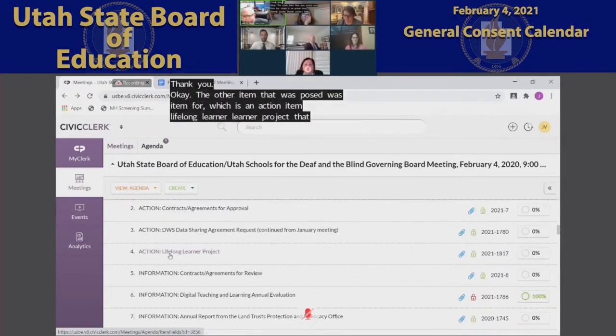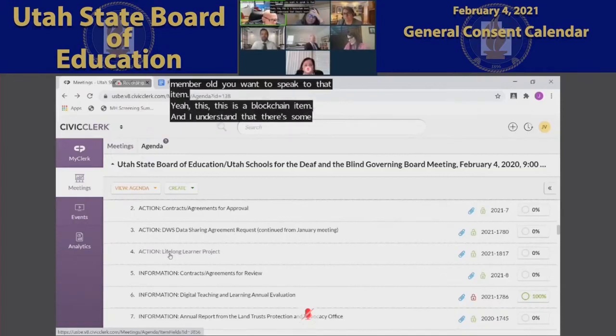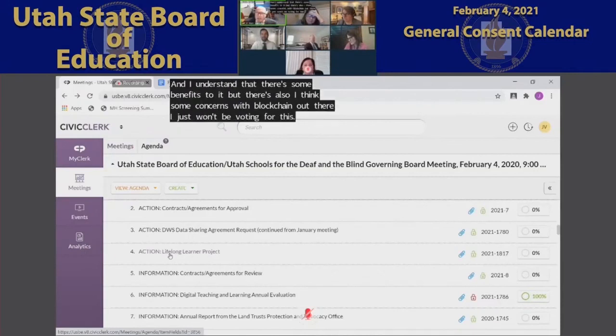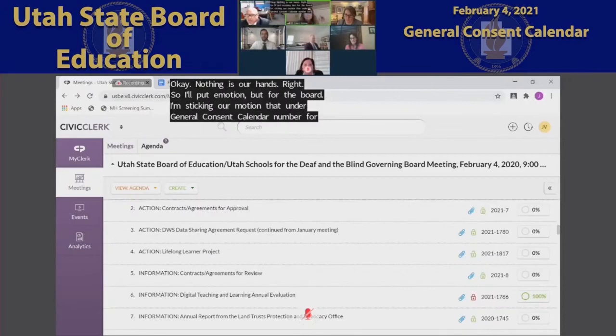Okay. Not seeing any other hands raised, so I'll put a motion before the board. I'm seeking a motion that under general consent calendar number 4, lifelong learner project, this comes before the board for a vote. So moved, Chair. Belknap. Okay.